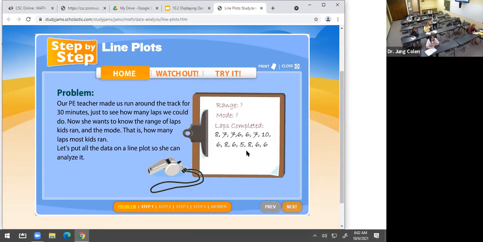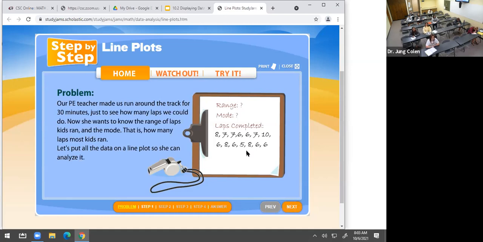So let's briefly talk about range and mode first, okay? What is a range? The biggest number minus the smallest number. Yeah, the difference between the biggest number in the data and the smallest number in the data, right? So how big the gap is from the minimum to the maximum. We usually say the minimum and maximum.